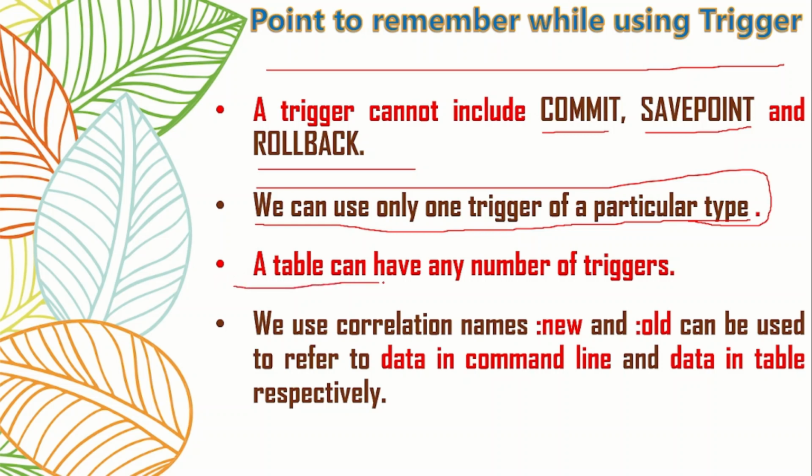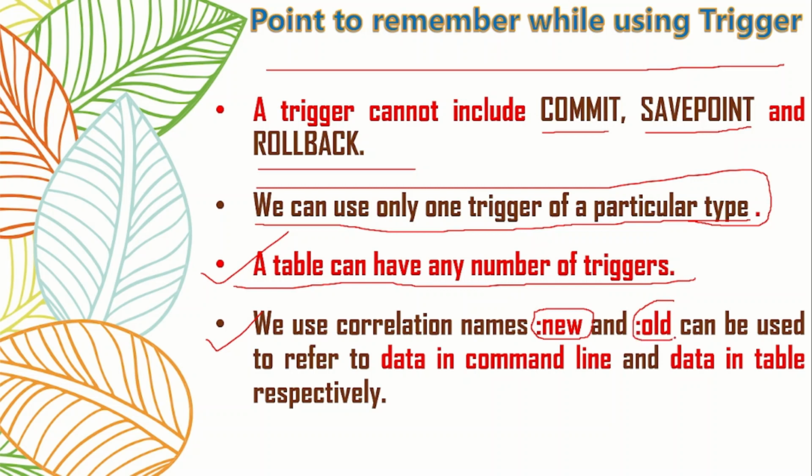The table can have any number of triggers. So we need to keep in mind that a table can have any number of triggers associated with it based on requirement. Again, we use correlation names. I have already told you, suppose you want to know the difference between two salaries, the new one which is going to be stored in the database, and the old one, right?